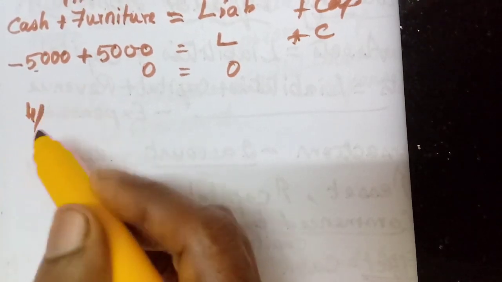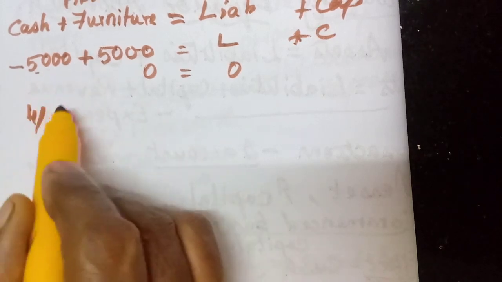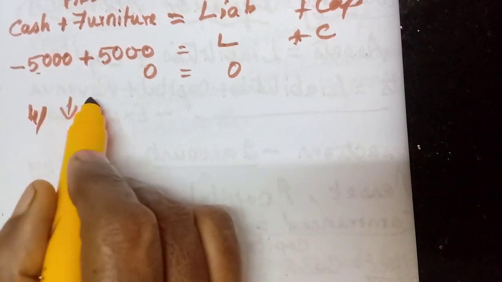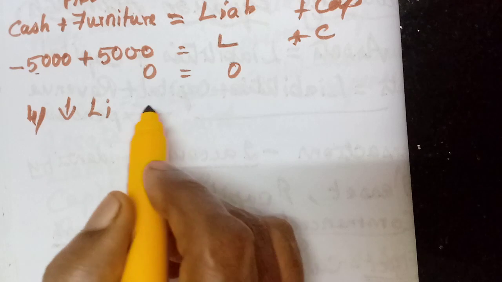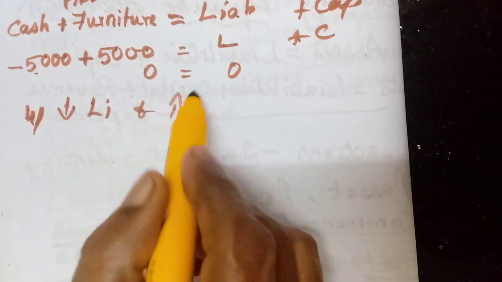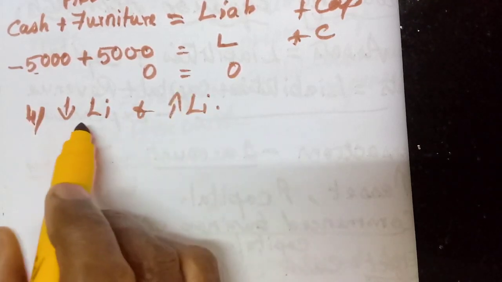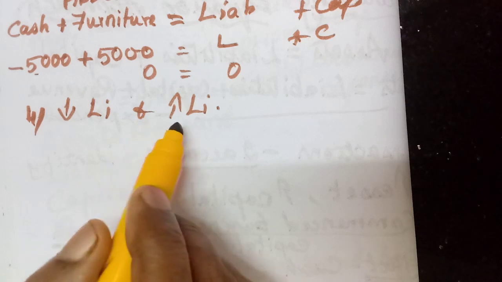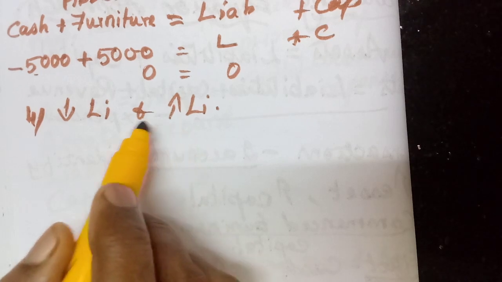Here the transaction will decrease one liability and increase another liability. Understood? It will decrease one liability and it will increase another liability.